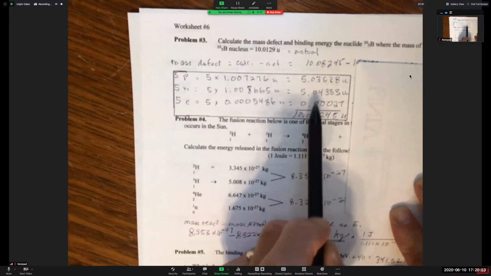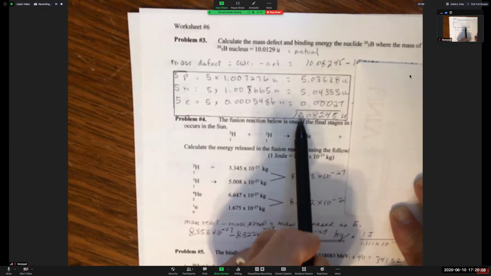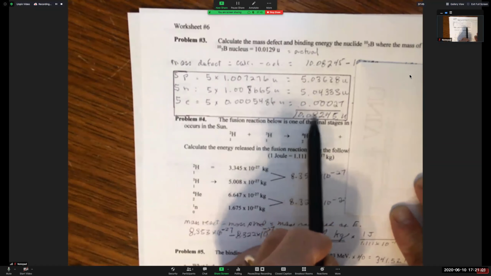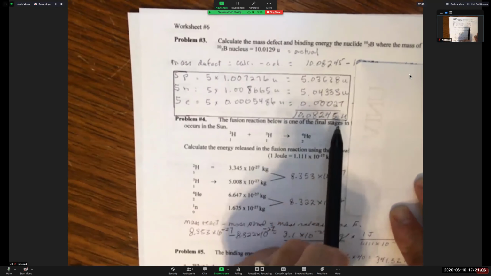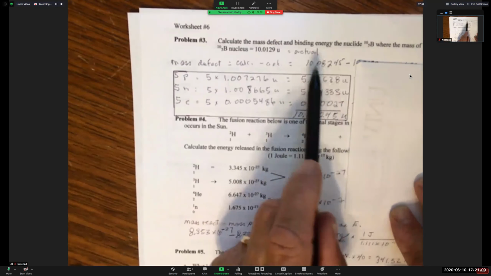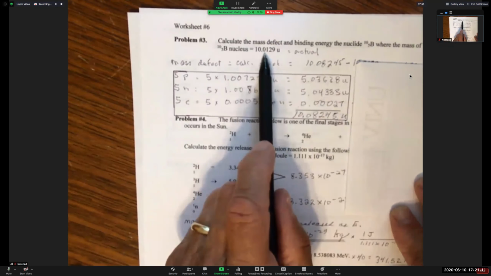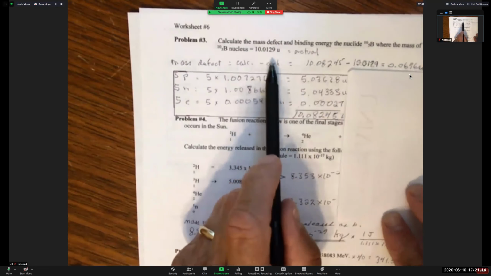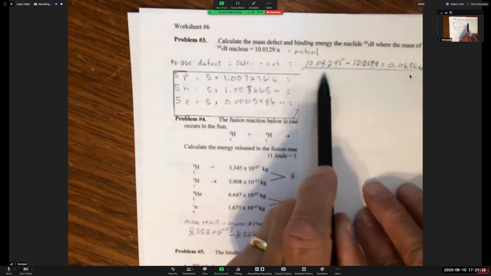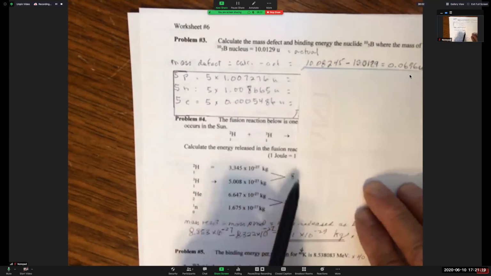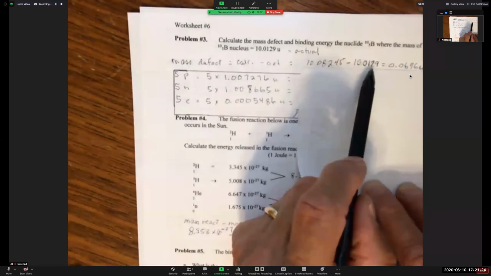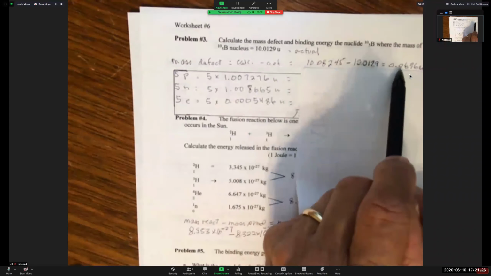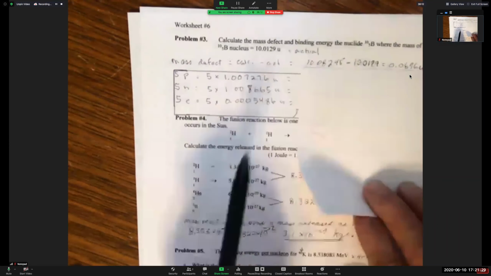So if you do that, you end up with a calculated mass for boron-10 of 10.08245 AMUs. Well, the actual mass turns out to be 10.0129. We take the difference between those two, 10.08245 minus 10.0129, and we get a mass defect of 0.0696.